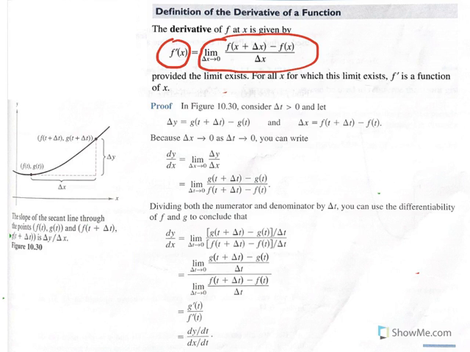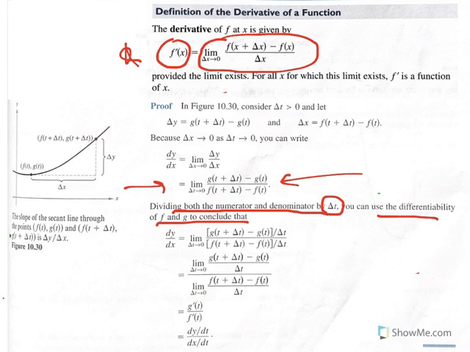So because we plan to use this definition, we want to manipulate what we have here, divide both the numerator and denominator by the same quantity. And when you do that, of course, you don't change what you have. You can use the differentiability of f and g to conclude the following.